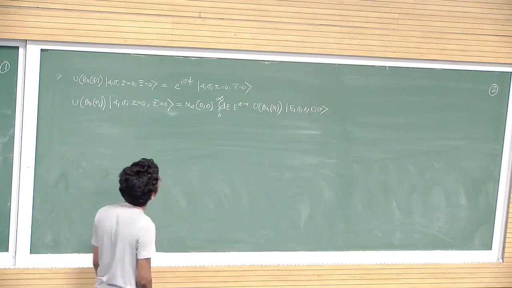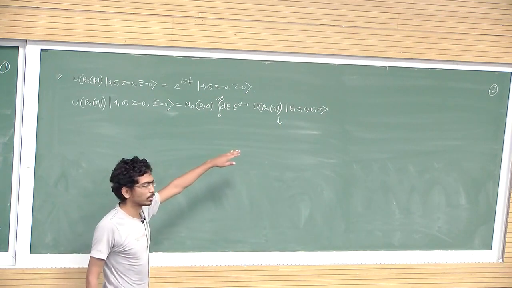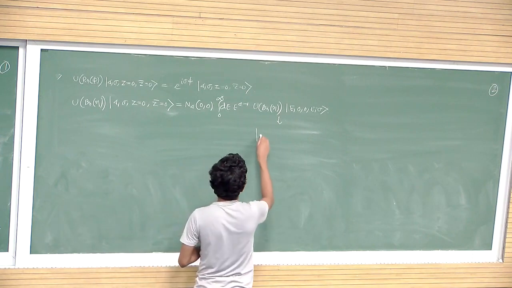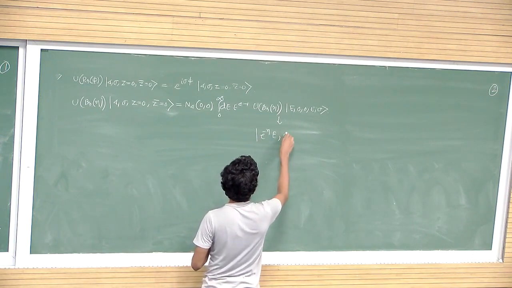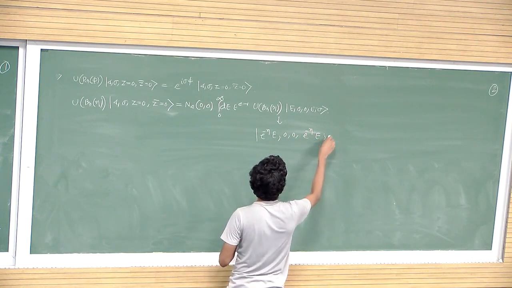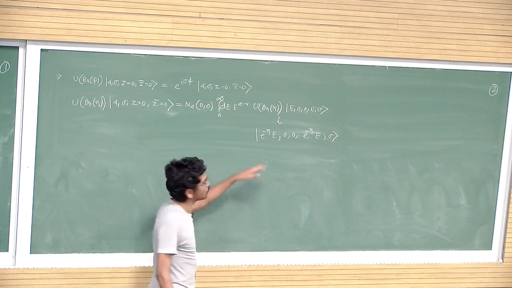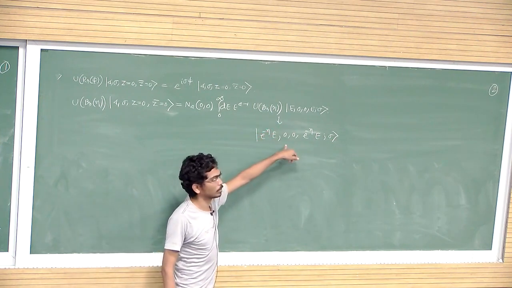What is this action? E only gets changed, e to the minus eta E, 0, 0. This you know already, right? The boost in the third direction only changes this momentum into this.